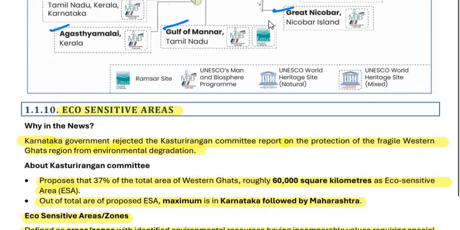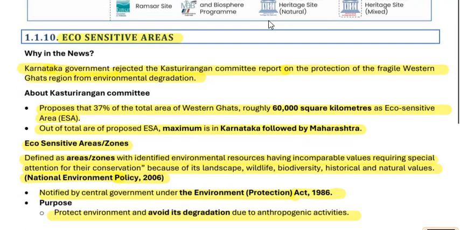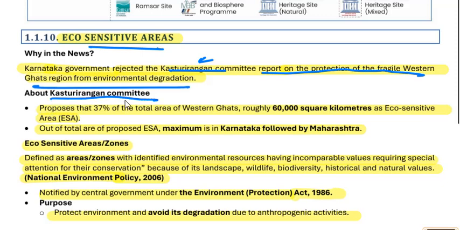Next is eco-sensitive areas. What are eco-sensitive areas and why are they in the news? First, the Karnataka government rejected the Kasturirangan committee report. This is important. The Kasturirangan committee report was on the protection of the fragile Western Ghats region from environmental degradation. It proposes 37% of the total area of the Western Ghats, roughly 60,000 square kilometers, as eco-sensitive areas.